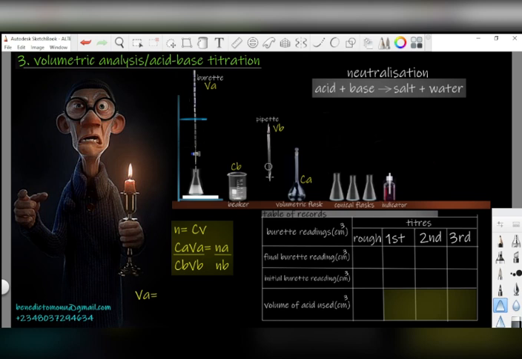And we have a pipette, which often has just a single mark on it. It's used for collecting a definite volume of a liquid. A burette has a tap, so it can be used to measure changing volumes of liquid, while a pipette measures only a definite volume of liquid.